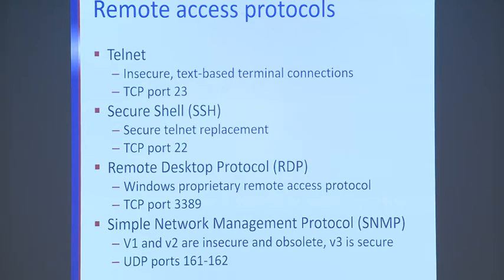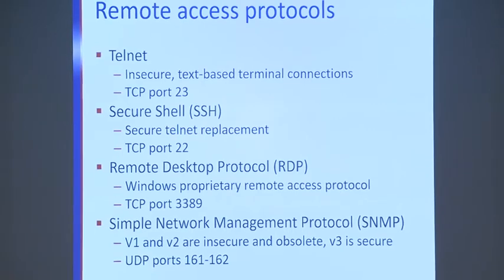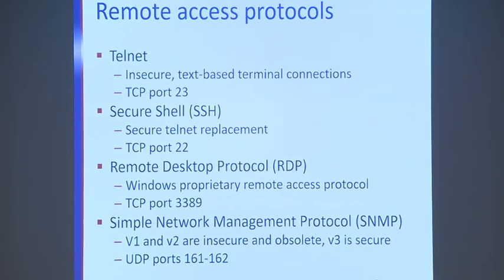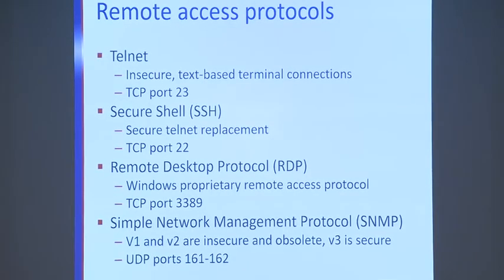So here are some of your remote access protocols. Telnet is not secure. It's running on port 23. The replacement is SSH, which is on port 22. We also have the remote desktop protocol, RDP, running on TCP port 3389. There is a secure RDP, but they haven't come up with a port number for it yet.